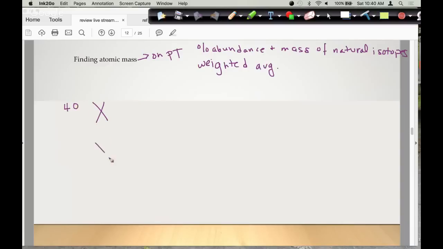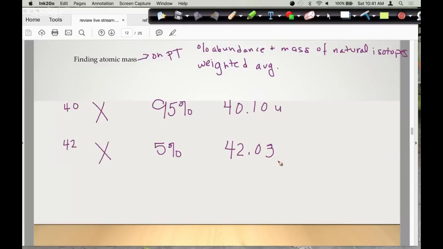element X's isotopes are 40 and 42. And it's 95% X40, which has a mass of 40.10, and it is 5% of X42, which has a mass of 42.03 atomic mass units.